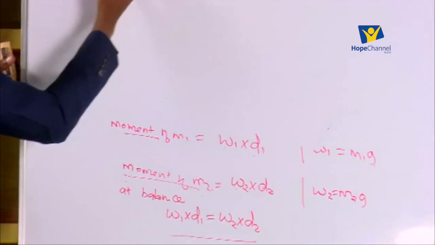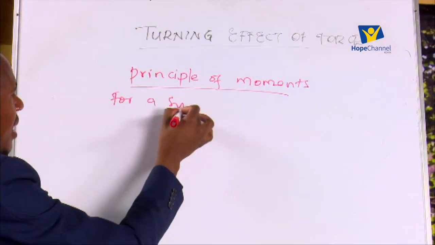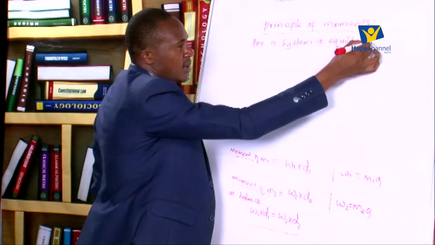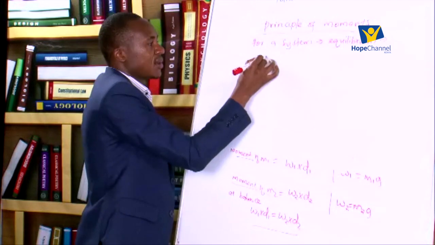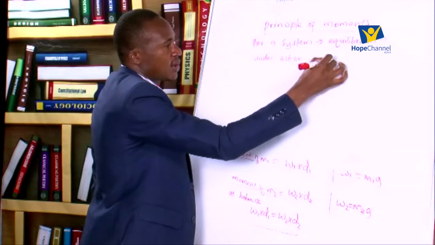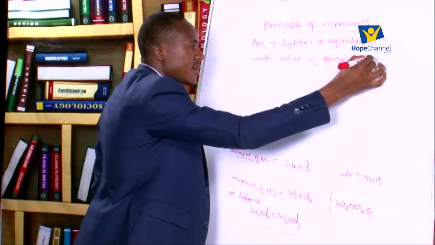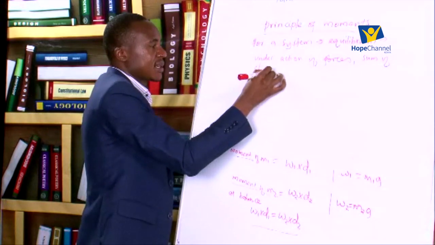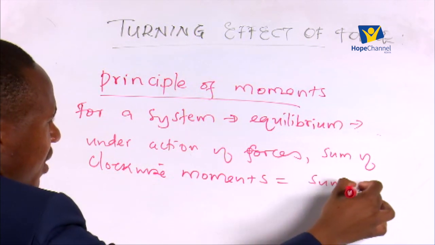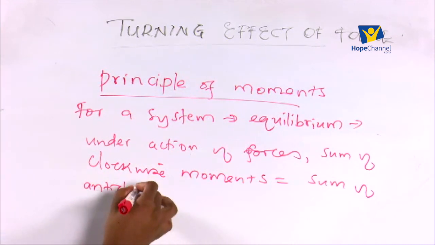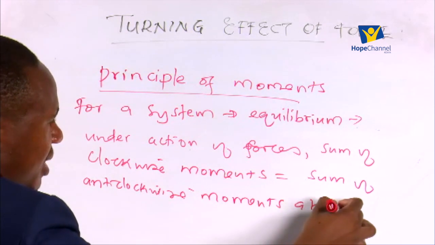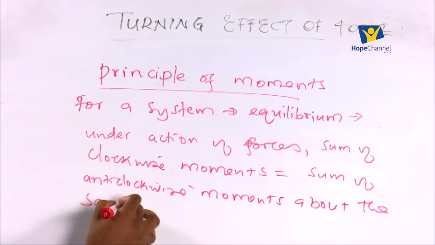We say that for a system which is in equilibrium, that word is very important, that system must be in equilibrium and under the action of a number of forces, then the sum of clockwise moments will be equal to the sum of anti-clockwise moments about the same point.